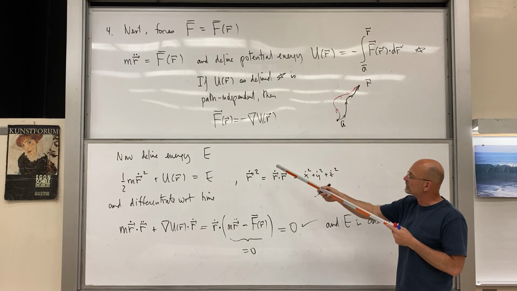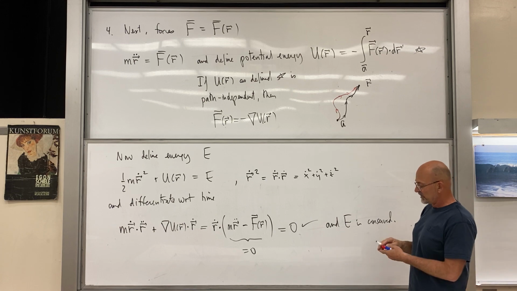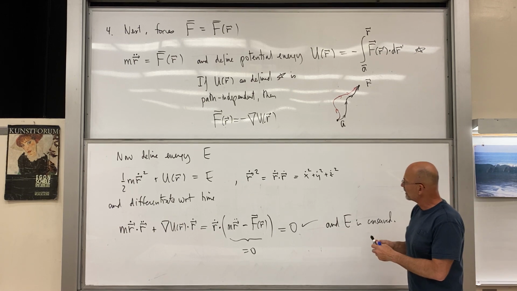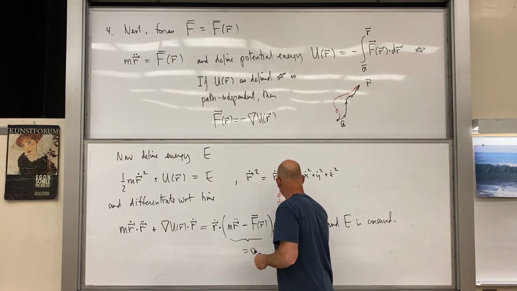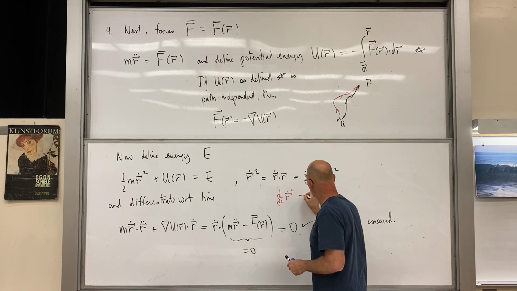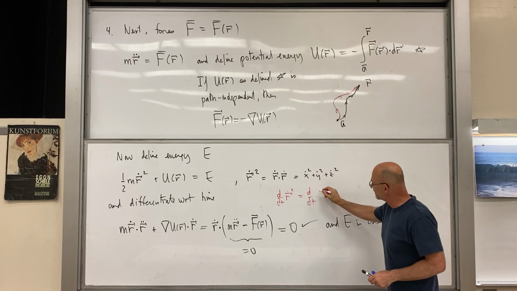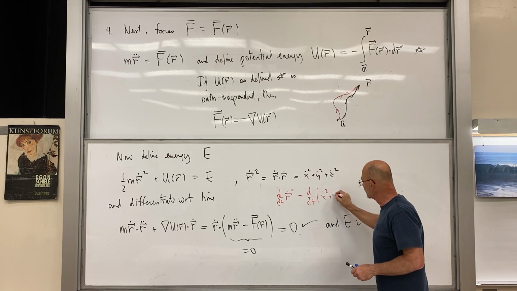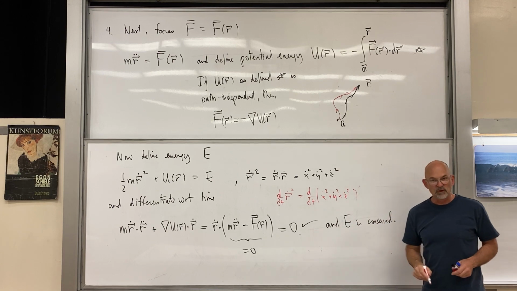I just went through them symbolically and everything's correct here. But for example, you want to make sure you see this d/dt of r dot squared is the complete time derivative of this x dot squared plus y dot squared plus z dot squared.